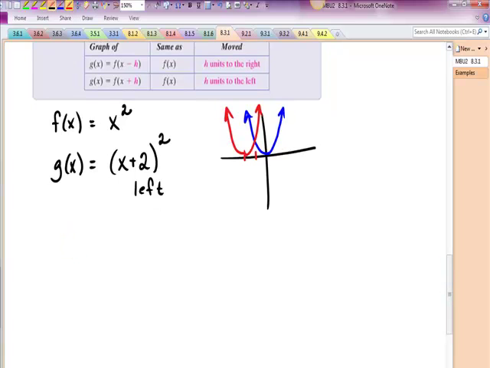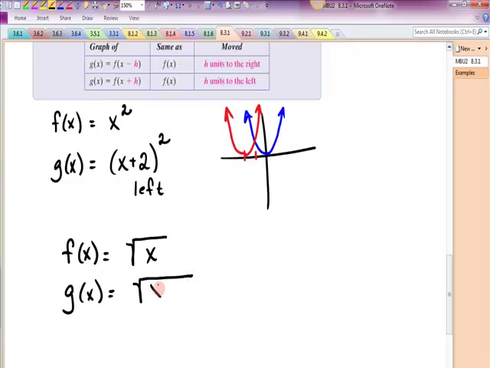Now, if you have f of x is, say, the square root of x, and g of x is the square root of x minus 2, it's going to go to the right 2. I know that's not what you necessarily expect, but it is what will happen.